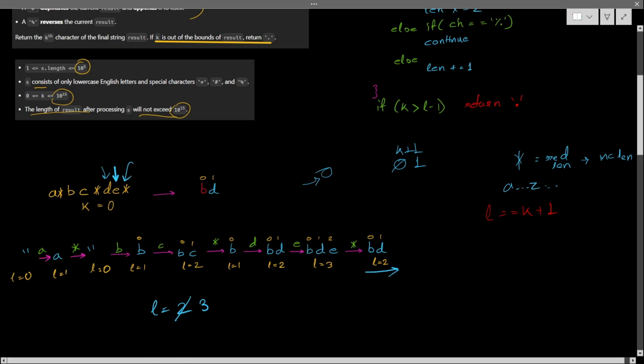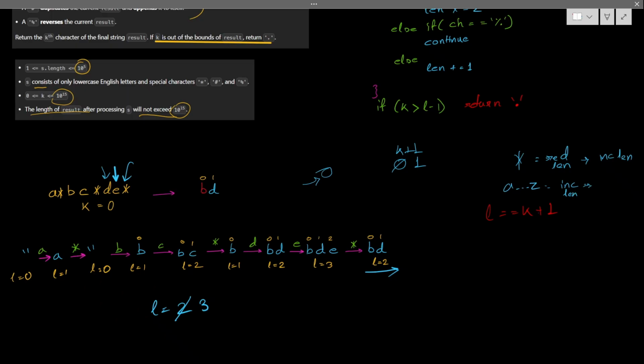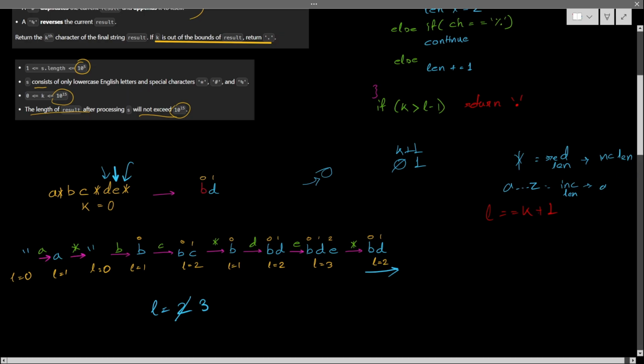A to Z. This means increasing the length, because when I get any alphabet I simply add it into the result string, so I am increasing the length. The opposite will be to decrease or reduce the length. So my E is not the answer, but E is an English character, so I have to decrease the length. So it becomes 2.